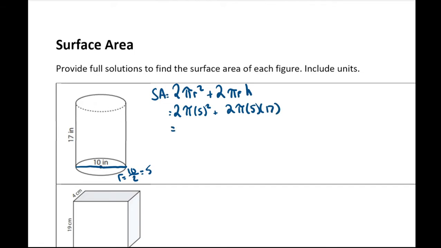I would calculate this one part at a time, because I don't want to make simple mistakes. So I'm going to do the one side first and get 157, plus 2 times pi times 5 times 17, which is 533.8.